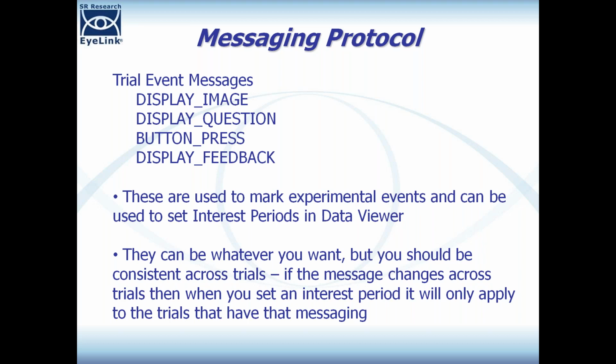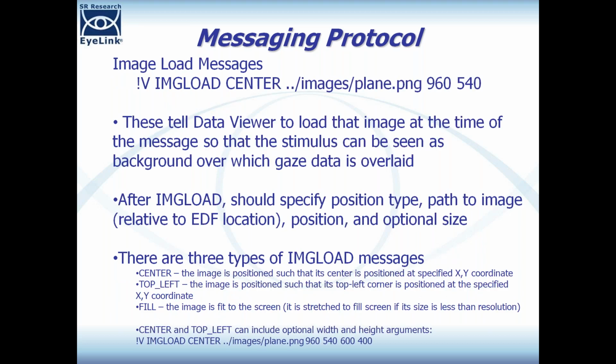Usually instead, we want to have a consistent messaging text across trials so that when we set the interest period in Data Viewer, it applies to all the different trials in the viewing session. So that's an important thing to remember: be consistent in your messages for the most part. There are a few exceptions where you might not want to do that, but generally you want to be consistent. Okay.